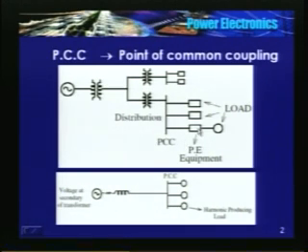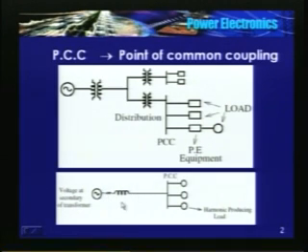One of the loads is being fed from a power electronic equipment. So if I draw a single line diagram starting from distribution system to the load, it looks like this. I am considering voltage at the secondary of the transformer is a pure sinusoid.